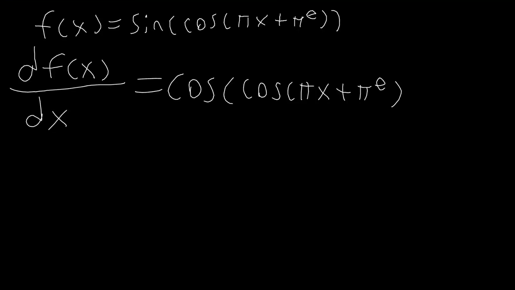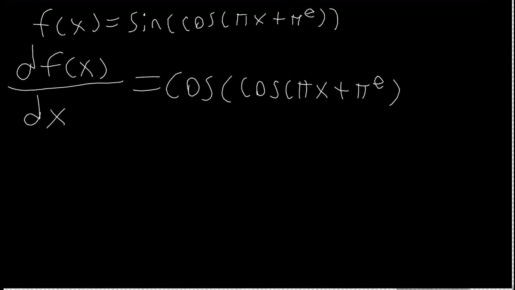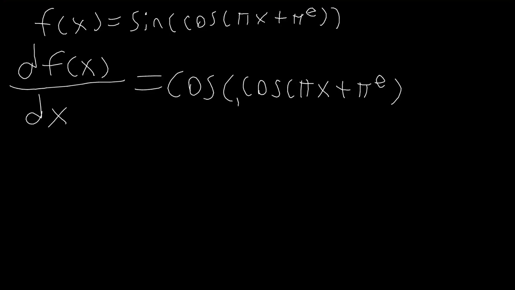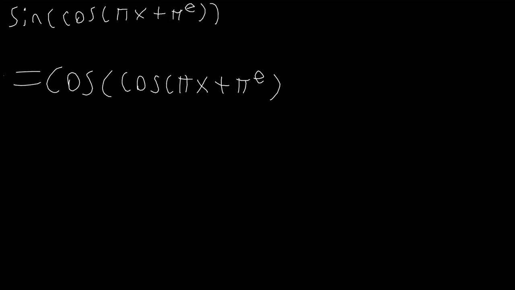Now let's take the derivative of the inside. So this is the inside now, multiply by the derivative of that. So the derivative of cosine is negative sine. But because this requires 3 applications of the chain rule, we have another inner function. So we're going to keep this the same.